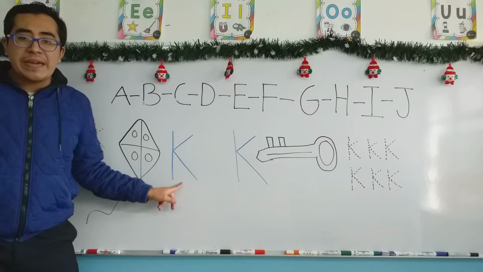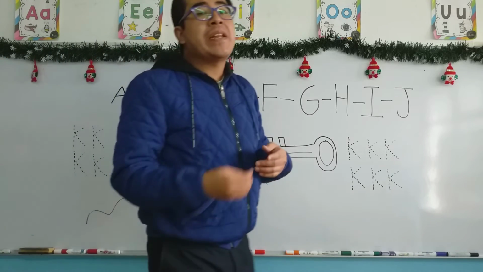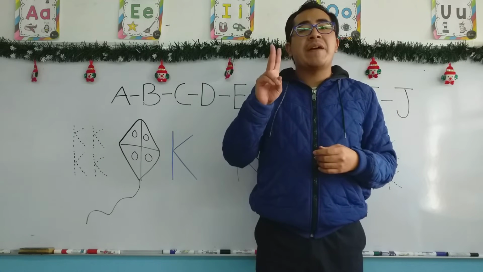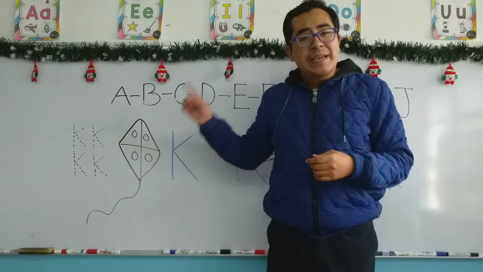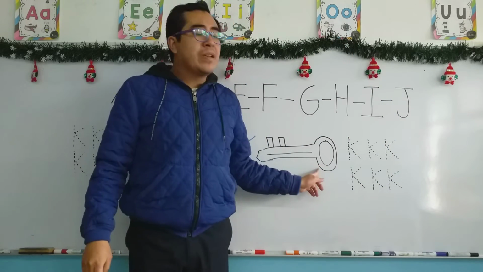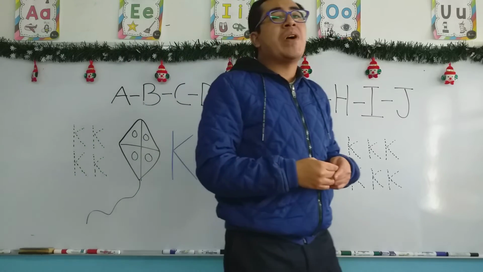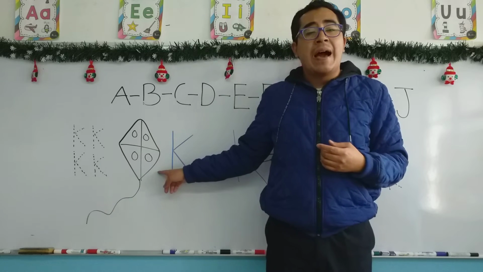Capital K. Now, let's see objects that we can associate with the capital K. Today, we have two. The first one is the kite, and the second, key. Let's start talking about each one of the new objects. Once again, we commence with the kite.